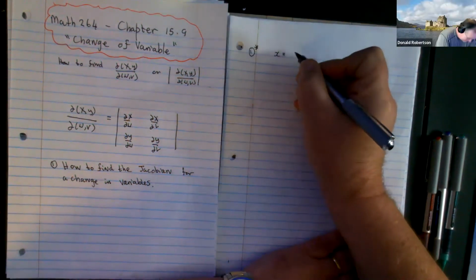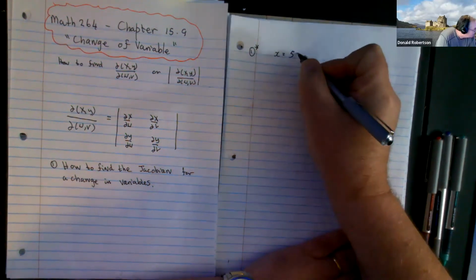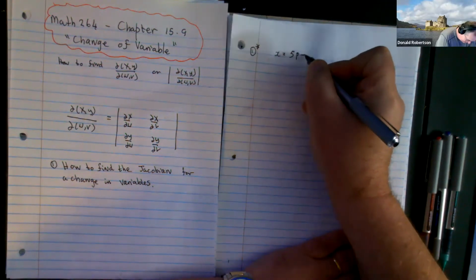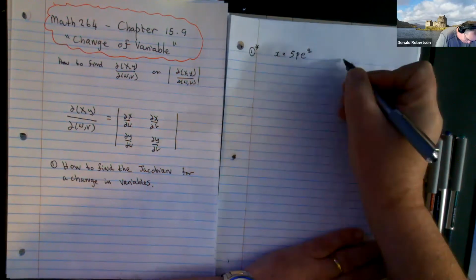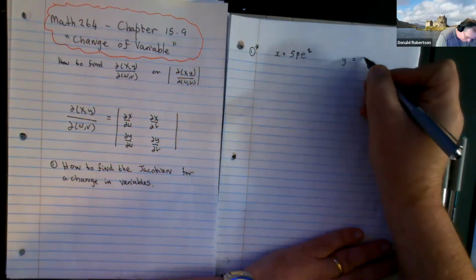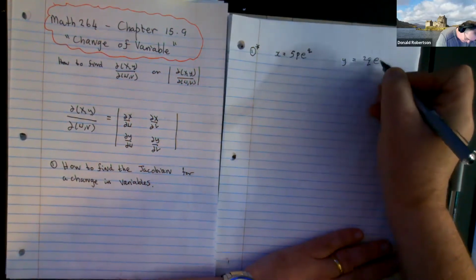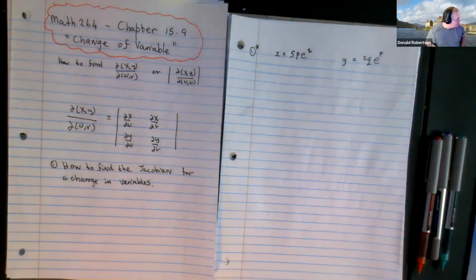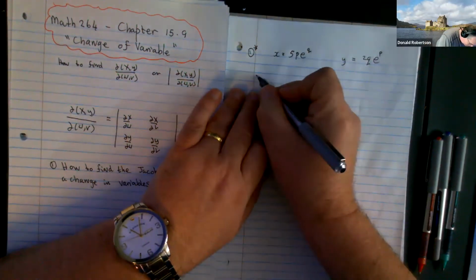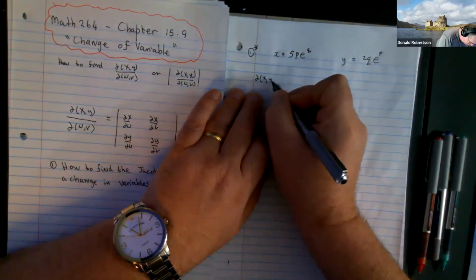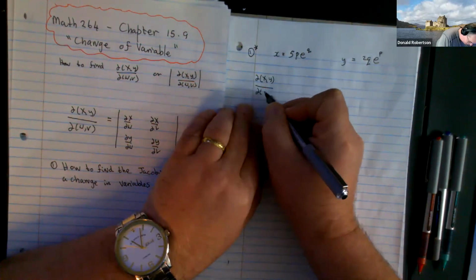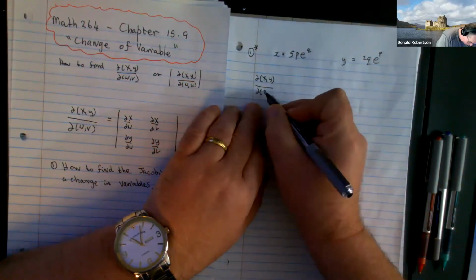Okay. So we have question 5. x is 5p e to the q, and y is 2q e to the p. So there's some kind of symmetry going on there. And we're being asked to find the Jacobian, which is, in this case, the variables are called p and q.